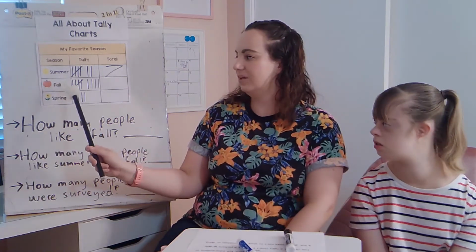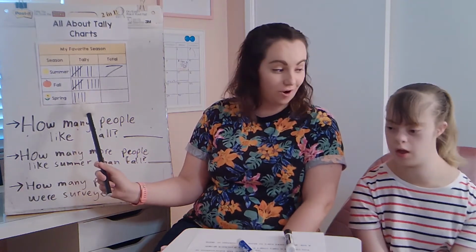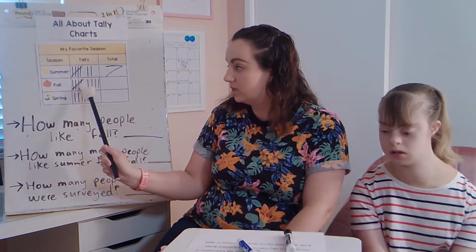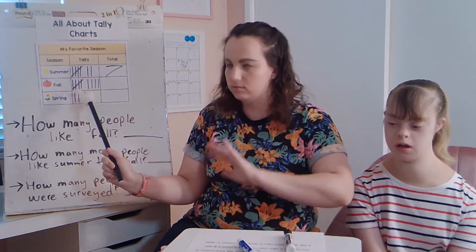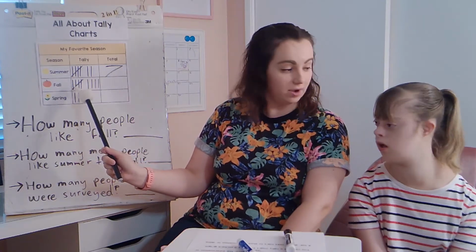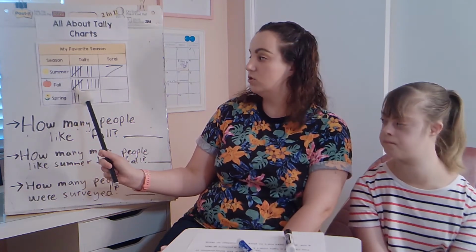Okay. Let's go on to the next season. Fall. Let's once again do our best to read how many people liked fall. If you need to, you can count each and every tally. Let's go ahead though and try to just count on. We see that special group of 5, that bundle of 5 right there. So we know there's 5.